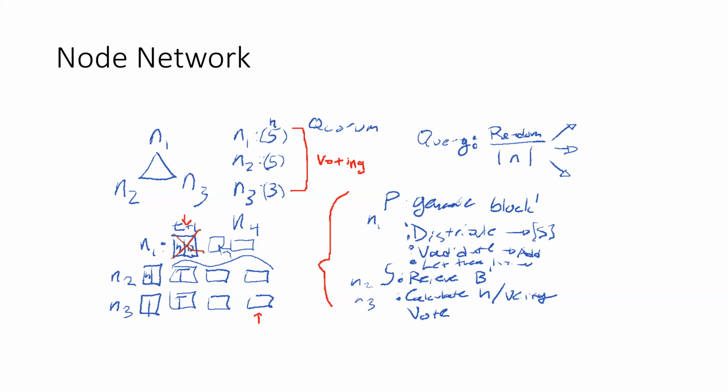If so, they return a vote of true back to the original node. And if that node reaches a threshold, which is configurable within the system, then that node is able to add that to the blockchain. And then each node would have added it to their own blockchain.